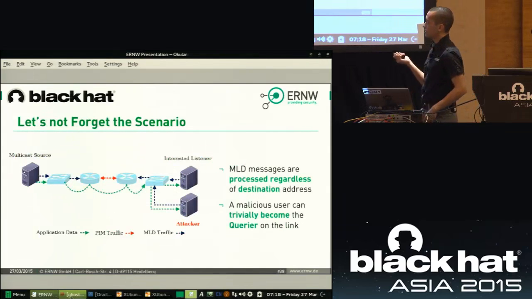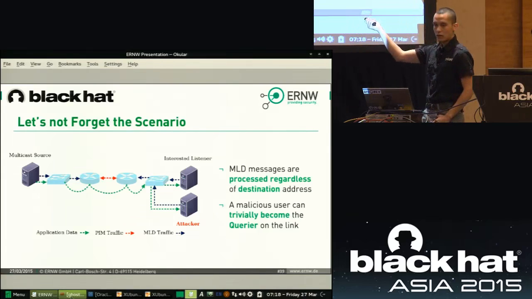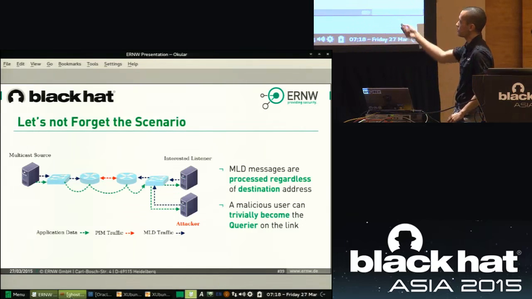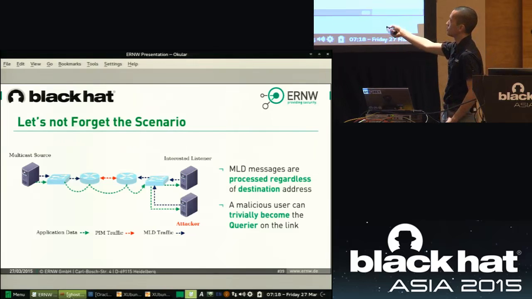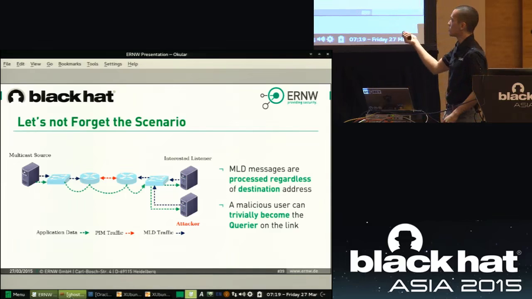So let's not forget the scenario. We have a multicast source or backbone, which somehow delivers the multicast traffic to our listeners, and here is the malicious user, who is trying to prevent the other clients from getting out, via denial of service on the router, or just trying to prevent this listener from receiving particular traffic.